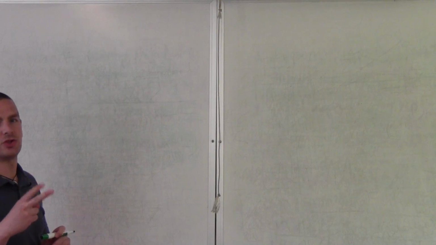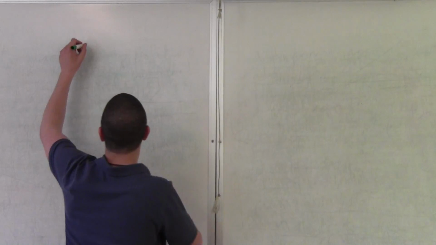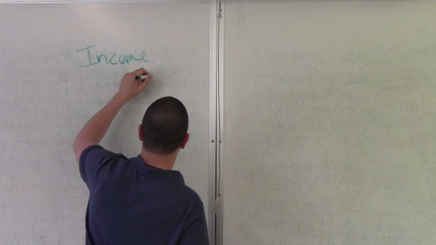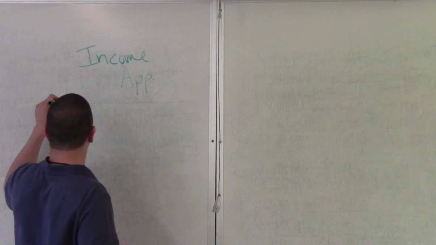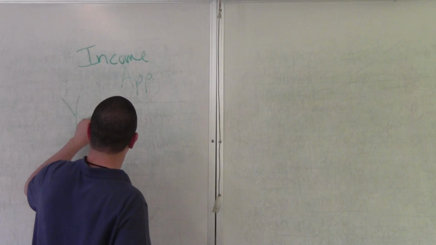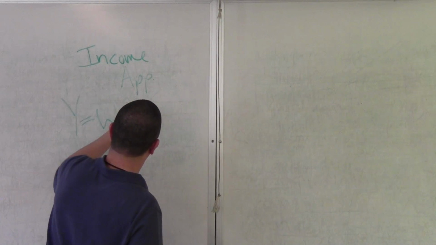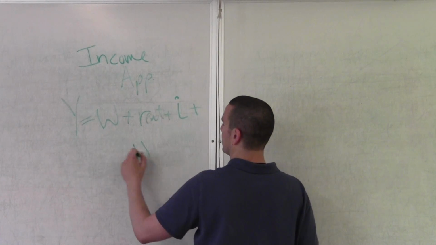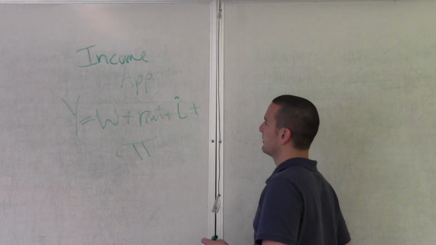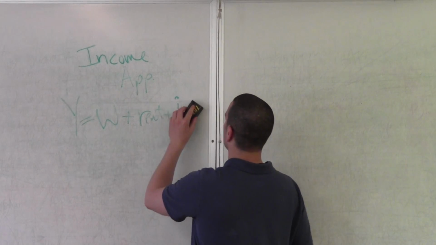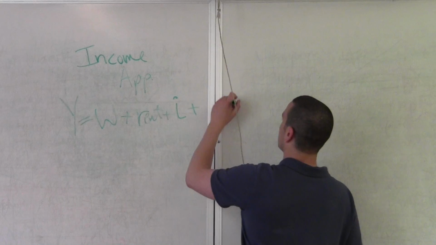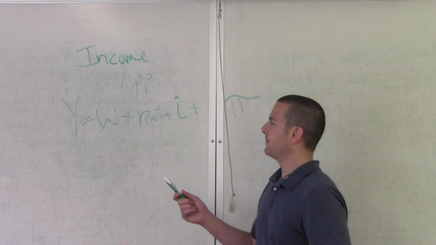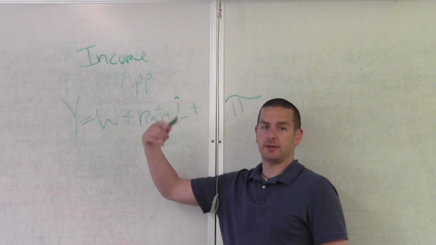The second approach, the income approach, is this. The income approach is simply income, same Y.